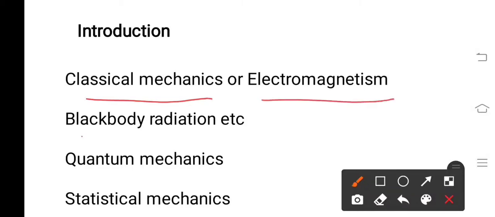But with the help of these laws, a system which contains many particles cannot be explained due to some mathematical complications. And also these laws, that is laws of classical mechanics and laws of electromagnetism, failed to explain some of the observed experiments such as black body radiation, photoelectric effect, etc.